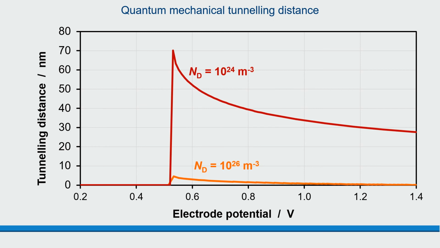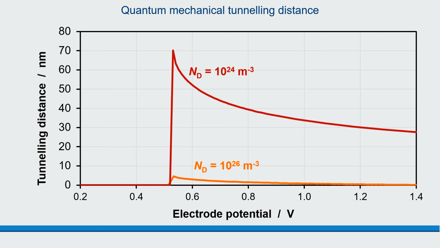And through our modeling we begin to see why. Using equations developed in the 70s and the 80s, we can model the tunneling distance for electrons coming from the reduced state in the electrolyte into the conduction band of the semiconductor as a function of the overall interfacial electrode potential that has been applied.